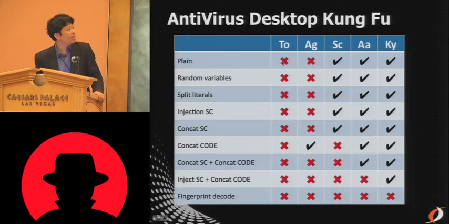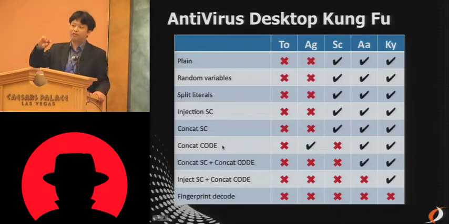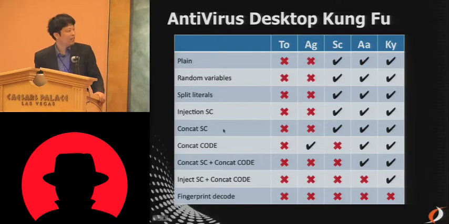So plain, for example, 2 antivirus didn't even catch the plain. But right here, you see this antivirus didn't catch anything but caught concat code, because they just figured that if you're concatenating a lot of strings, then that's probably malicious, right? So that's a heuristic that worked for them.